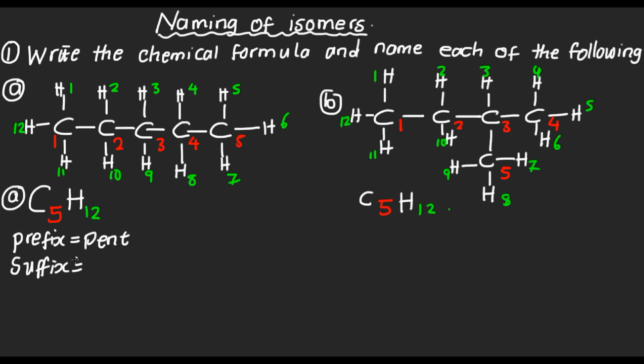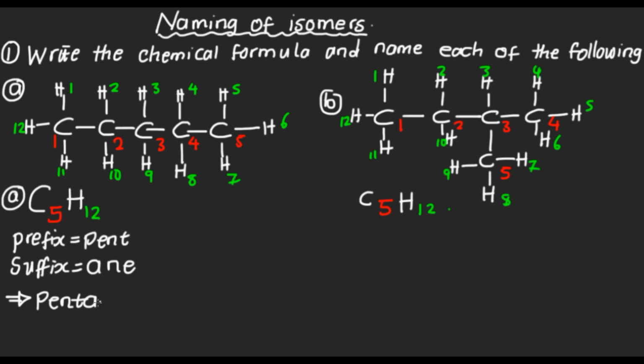So the suffix determines the type of bonds that we have. Is it single bonds? Do we have a double bond or do we have a triple bond? So we can see that between the carbon-carbon bond, we only have single bonds. So the suffix is ane. So these are alkanes. So to finalize our answer, the name is pentane.